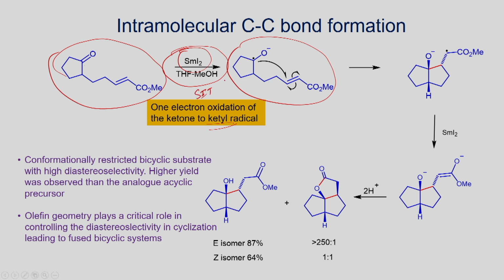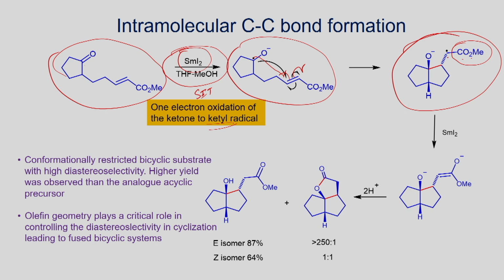Once you form this radical, it can now undergo intramolecular cyclization. In this case, depending upon the substrate, 5-exo cyclization, and you will be able to get this radical. Once you form this radical, as again we have seen, it can be stabilized by this electron withdrawing group.